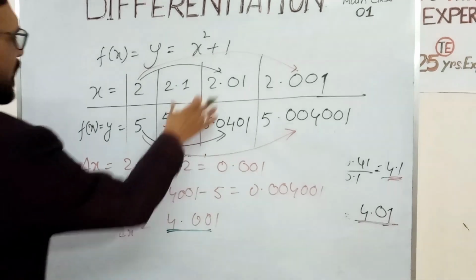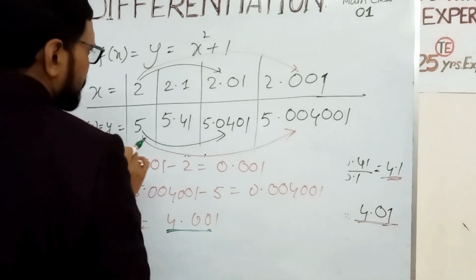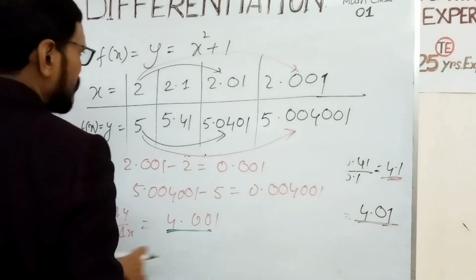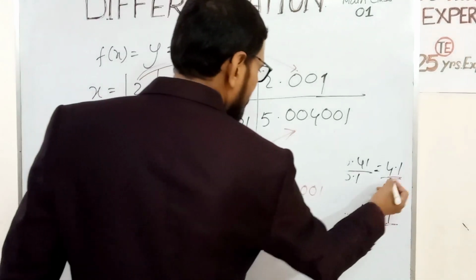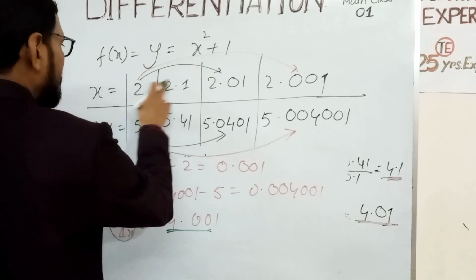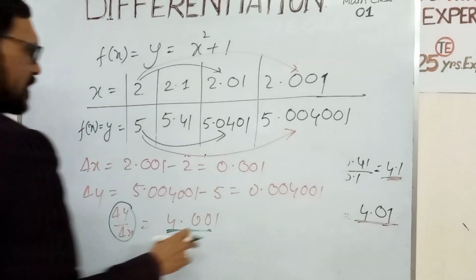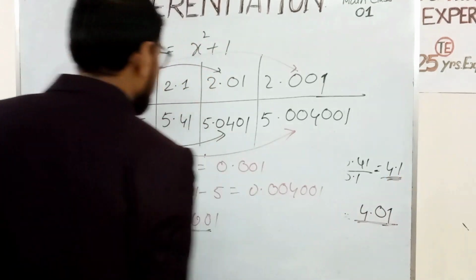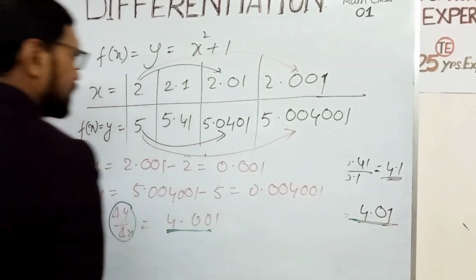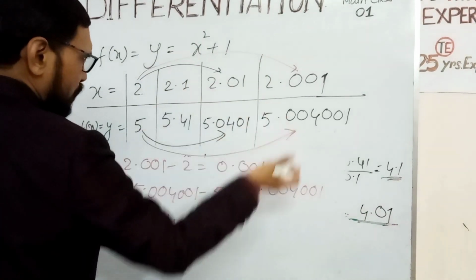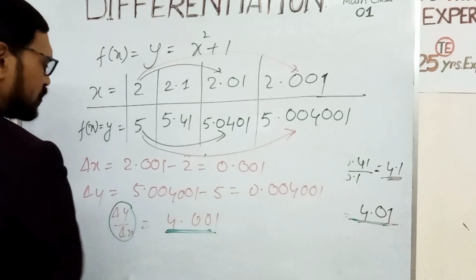Now here we observe that if the increment of x becomes very small, that is, tends to 0, then the delta y by delta x ratio tends to a finite value. For an increment of x of 0.1, the ratio of delta y to delta x is 4.1, and for an increment of 0.01, the value becomes 4.01, and if the increment of x becomes even smaller, 0.001, then the value of delta y by delta x is 4.001.